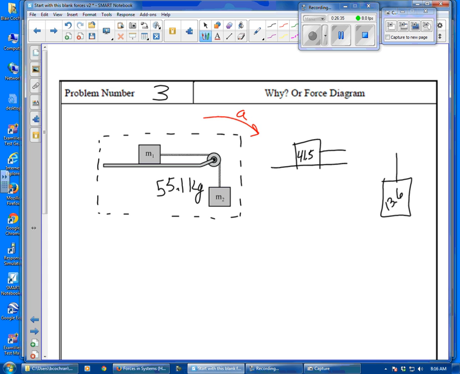So, forces that are in the direction of that acceleration I'm going to do in blue, which would be FG2. And forces that are perpendicular to it, just for my own organization, I'm going to do in green. Okay, so there is the correct force diagram for my system, or my individual blocks.